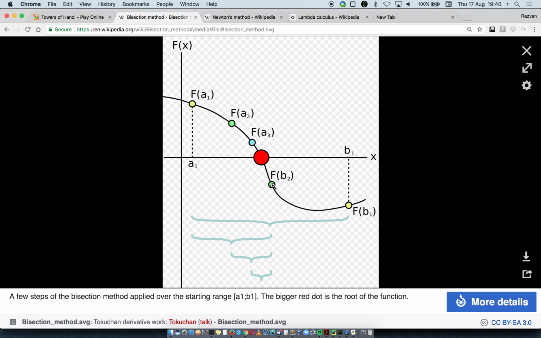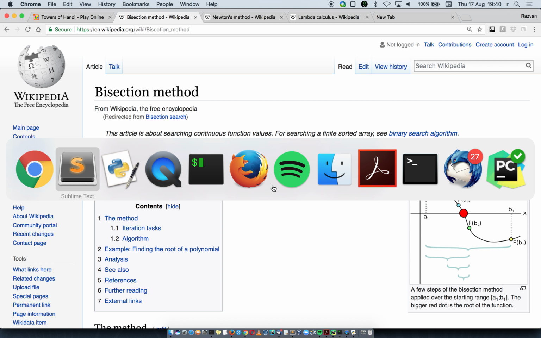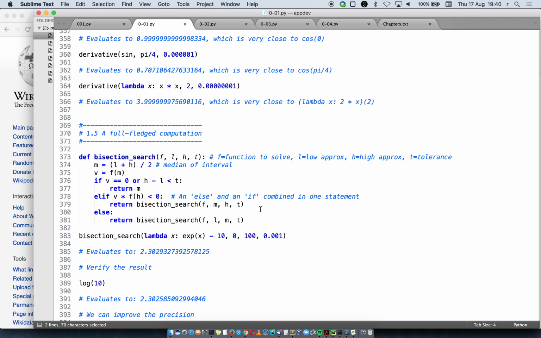So we're going to try to express this computation. So let's see how that works. All right, so we're defining bisection search, again, recursively. We have a function f, we have a low limit, we have a high limit, and we have a tolerance, right? There's a median, which is our first approximation for the root.